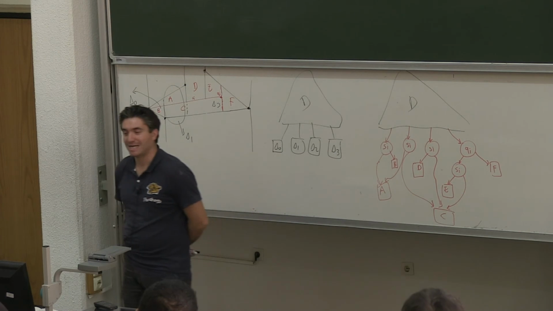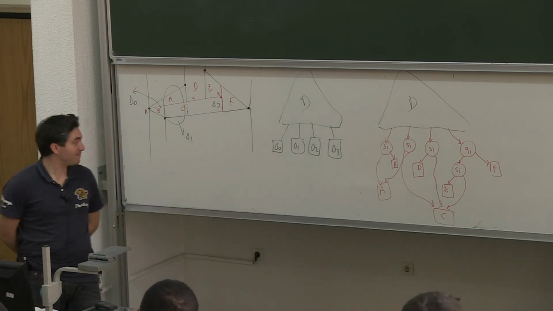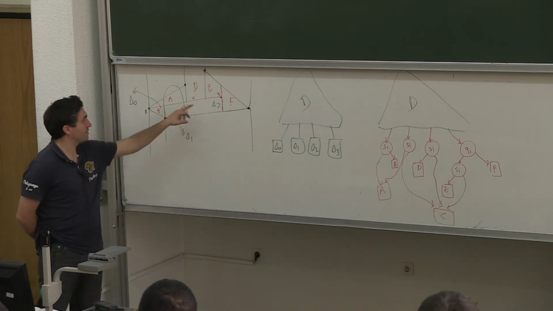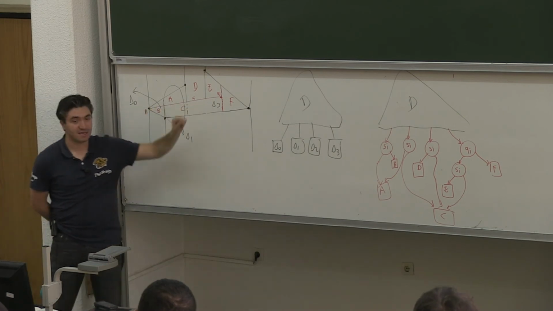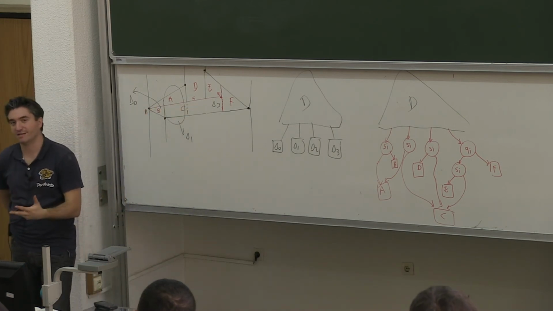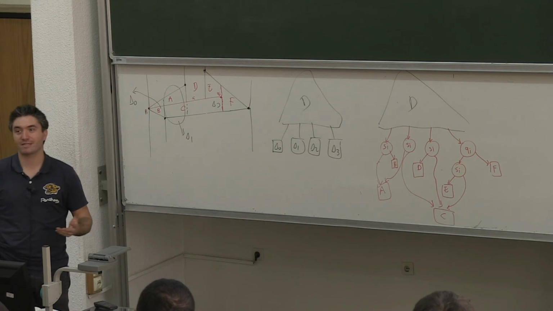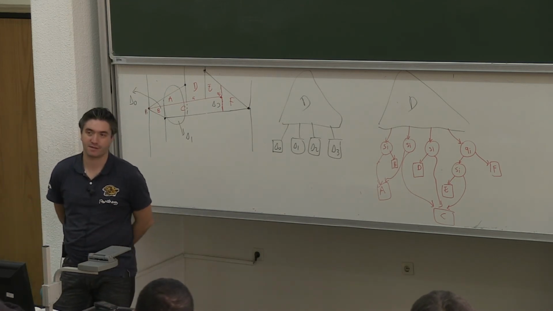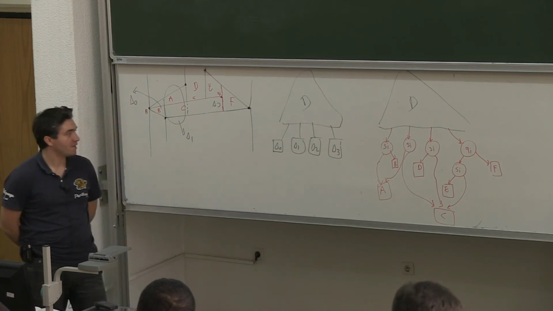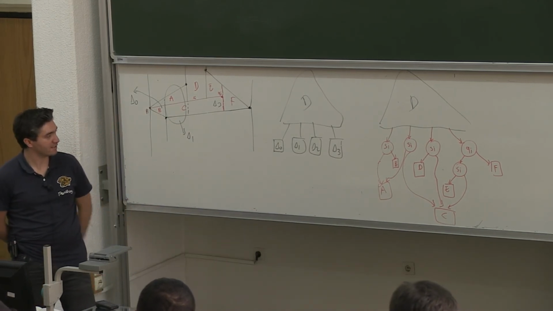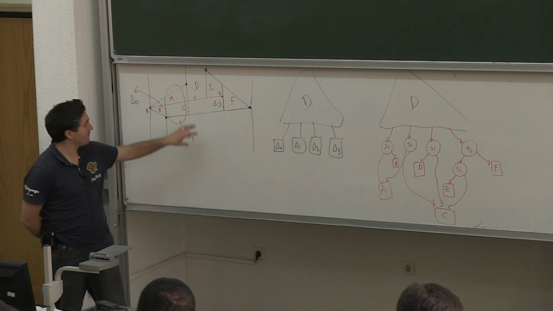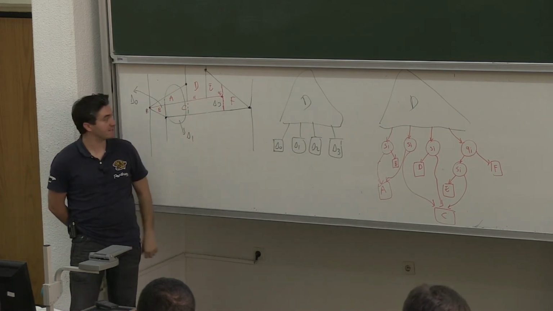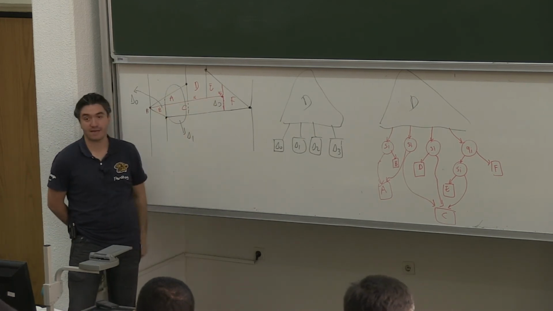So the update may be costly, but in the expected case, the newly inserted segment is not going to intersect many trapezoids. It's just going to intersect a number of them, and this is how we update.